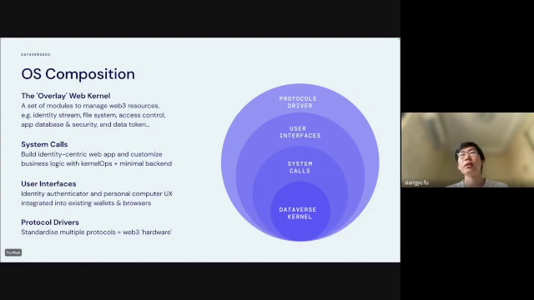We partnered with the Linux Foundation about a month ago, so it's very possible that we will release a whole Linux distribution as a DataverseOS interface. And lastly, we have protocol drivers. Protocol drivers are an open architecture for developers to integrate other Web3 protocols into DataverseOS.